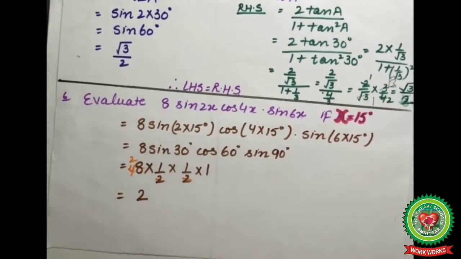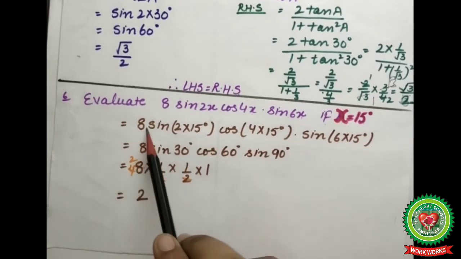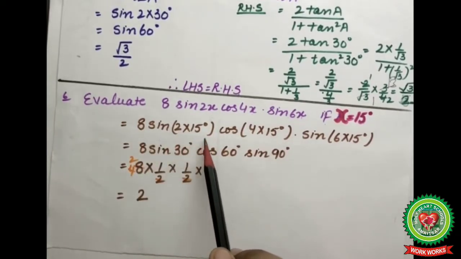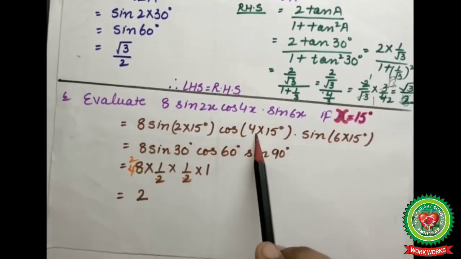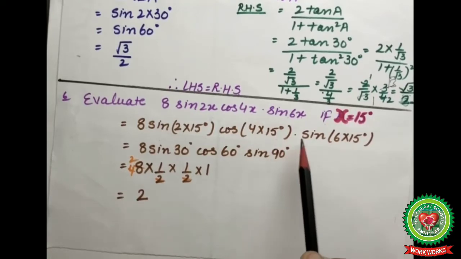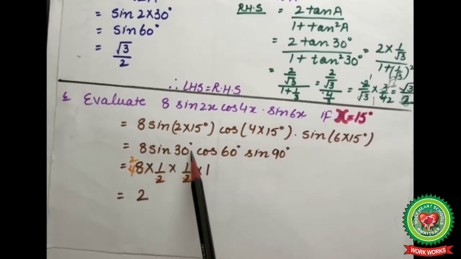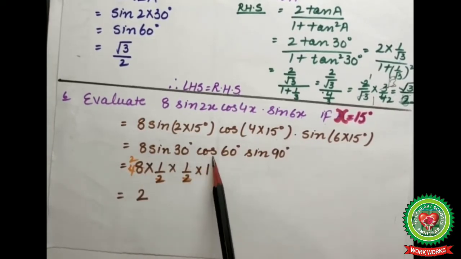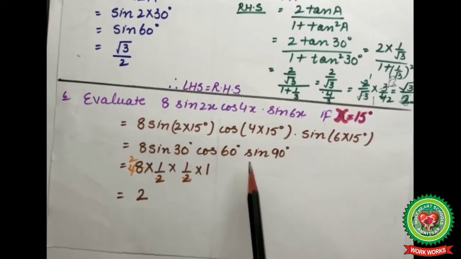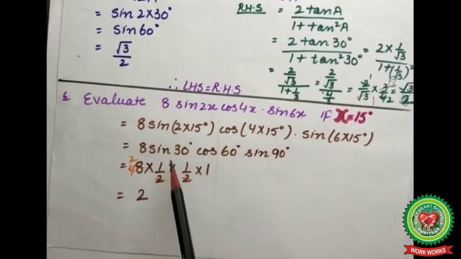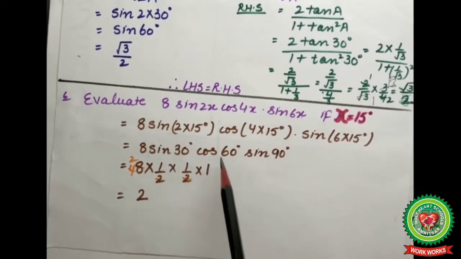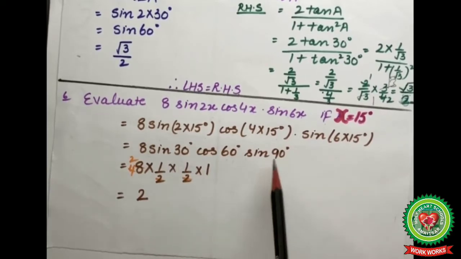So on substituting, we are going to get 8 sine 2 into 15 degree, cos 4 into 15 degree, sine 6 into 15 degree, which will be equal to 8 sine 30 degree into cos 60 degree into sine 90 degree. So now we are going to write down the values of sine 30 degree, cos 60 degree and sine 90 degree.